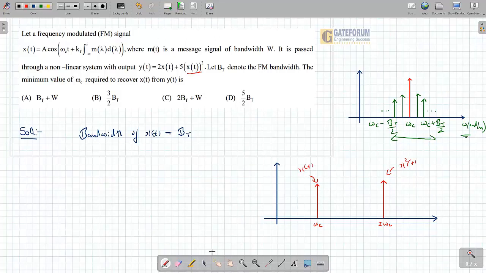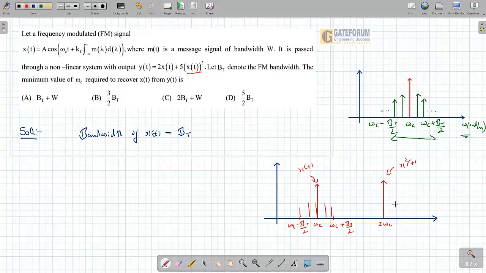Right? Now this has a spectrum from omega c minus bt by 2 to omega c plus bt by 2. Okay, let's assume the spectrum is here, around 2 omega c. This will also have a spectrum which is spread, right?